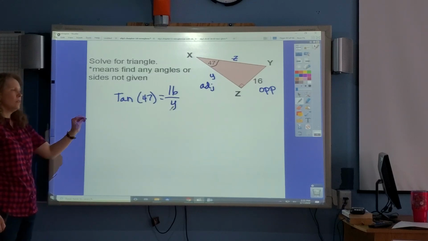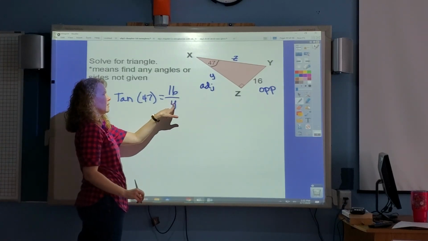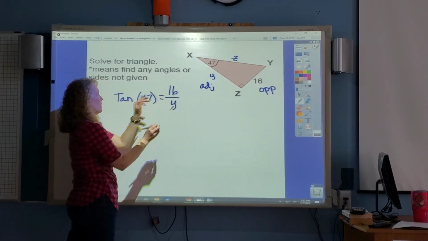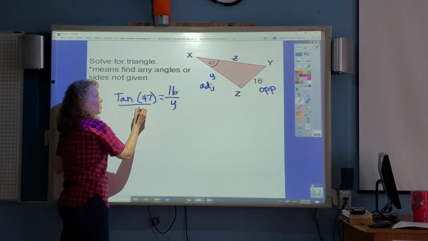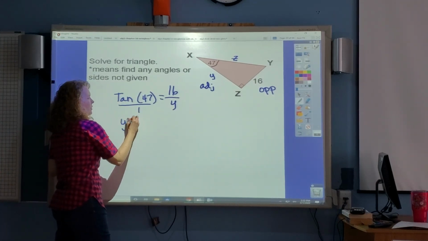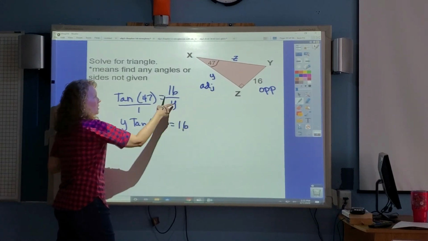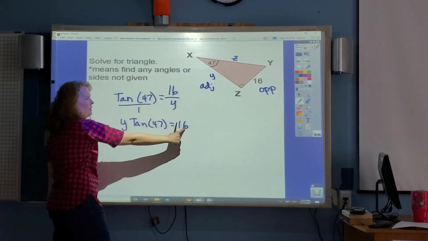Okay, when you do this one, what I want you to think about doing is to get this y by itself. It's going to be a weird kind of thing, but I want to put it as a proportion. I'm going to cross multiply, and I will get this equals 16, because this times this, and this times this.